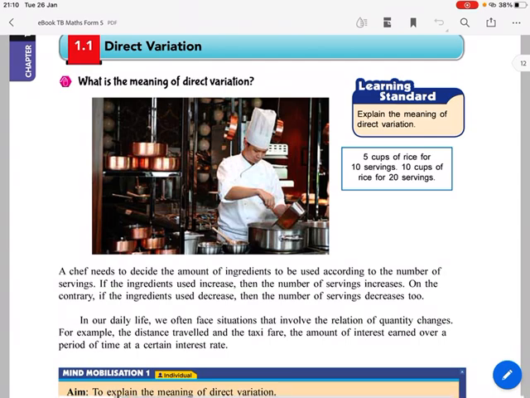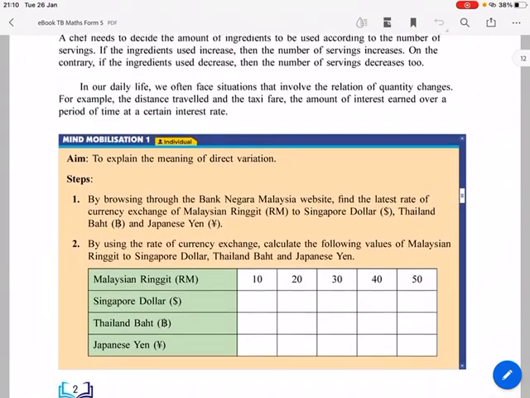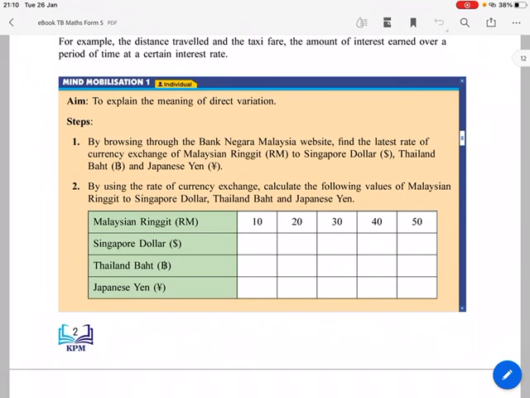Here is another example. Look at mind mobilization 1. The step here is to browse the internet. 1 ringgit Malaysia is equivalent to how much Singapore dollar, Thailand baht, Japanese yen?